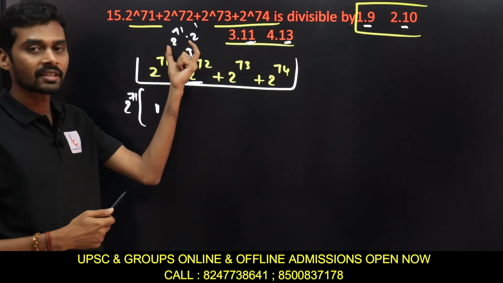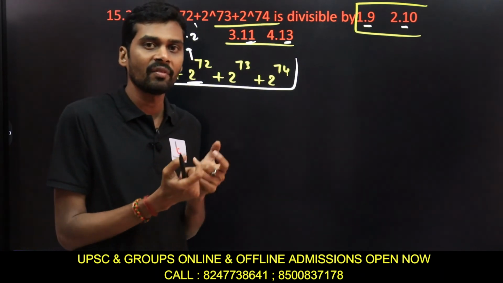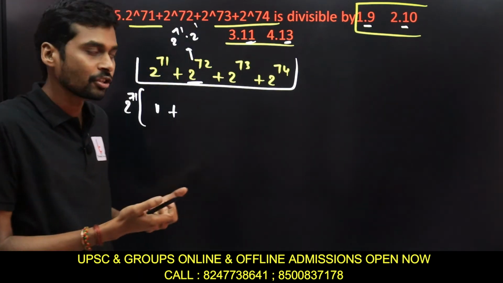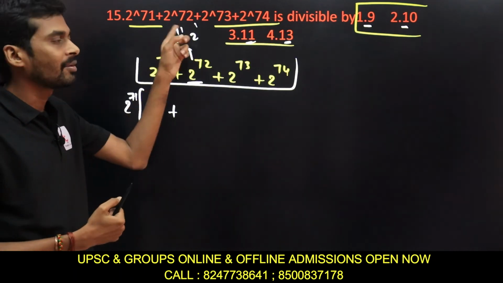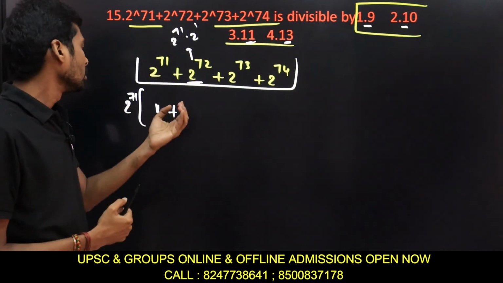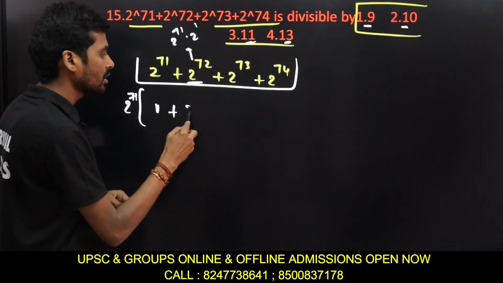Here the bases are the same, and when two numbers are multiplied, the powers must be added: 71 plus 1 is 72. So when I take 2 power 71 common, the remaining number is 2.